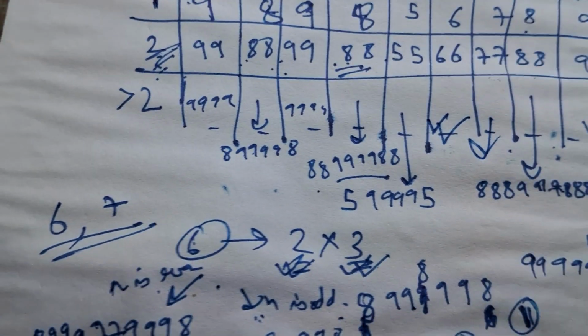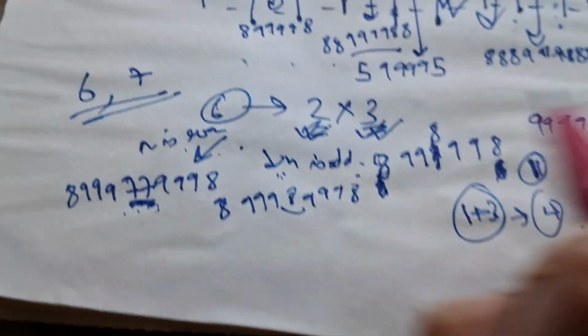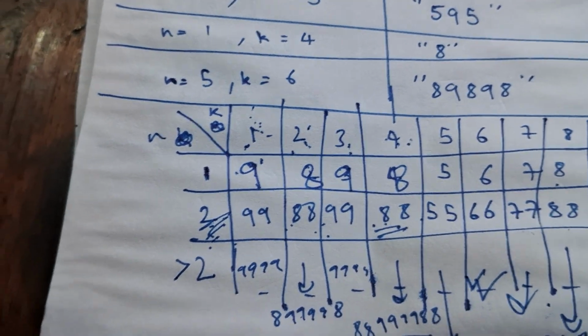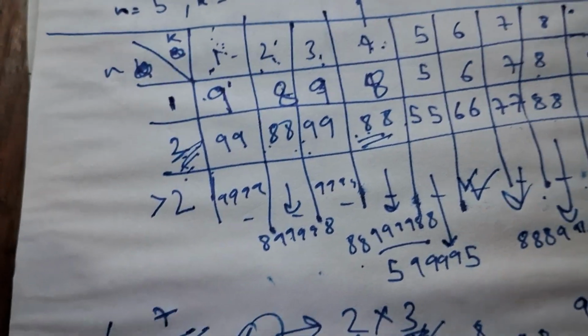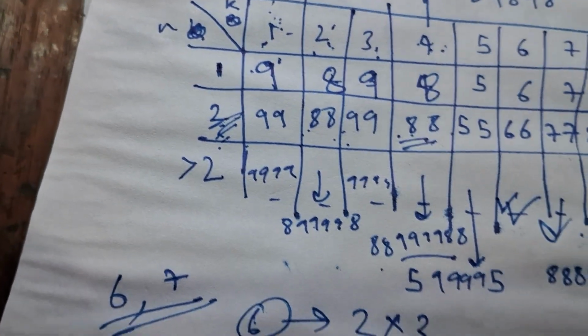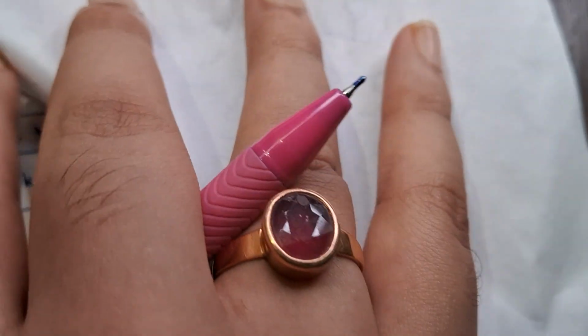Now for this 7 thing, you have to understand one thing. I'm short of space, so let me take out a little bit of page from here. So for 7, let me write it. If you know about the divisibility test of 7, there's a shortcut over here.